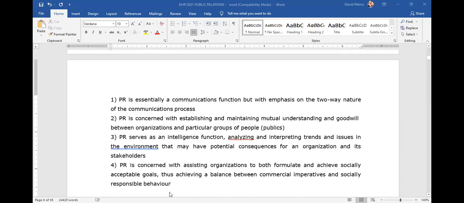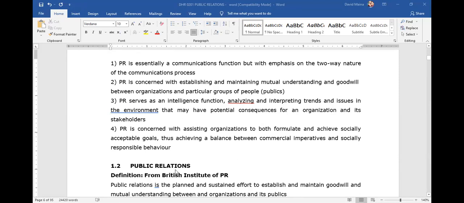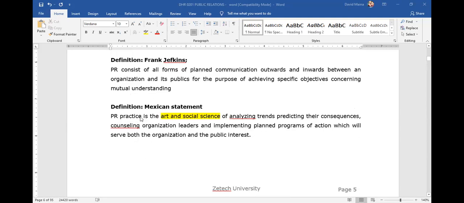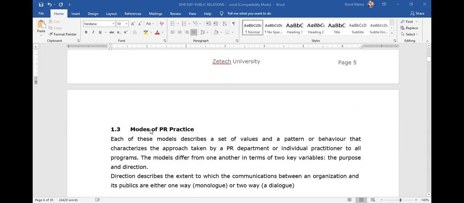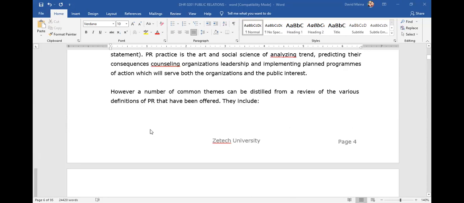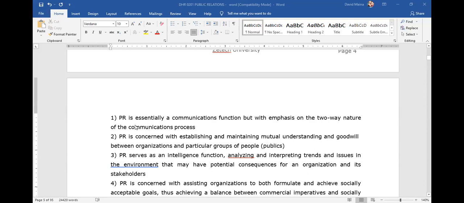There are so many definitions below here. You can see definition from the British Institute of PR, definition, Frank Jeffkin, definition, the Mexican statement, all those. You can see all those definitions. So from those definitions, you will realize that PR is essentially a communication function.